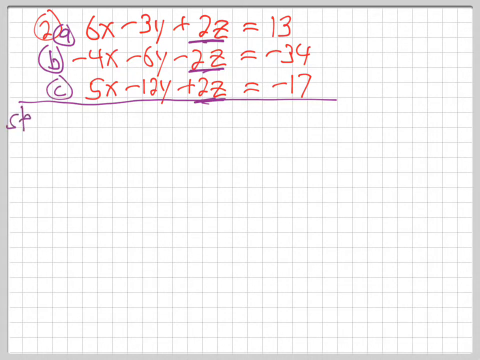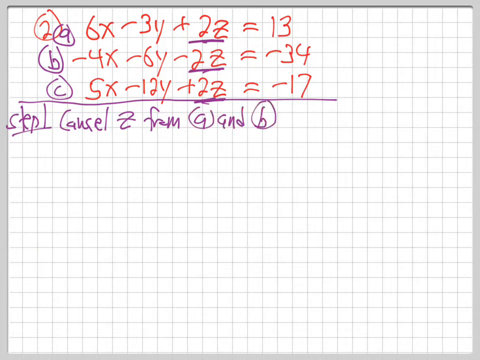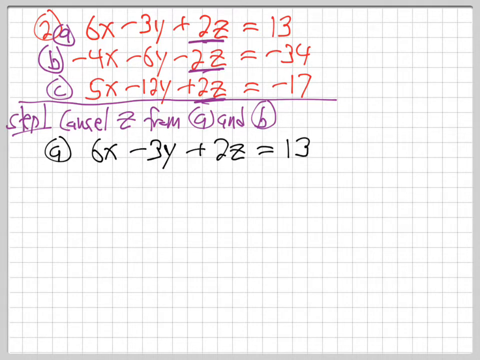So step 1, cancel z from A and B. So equation A, 6x minus 3y plus 2z is 13.